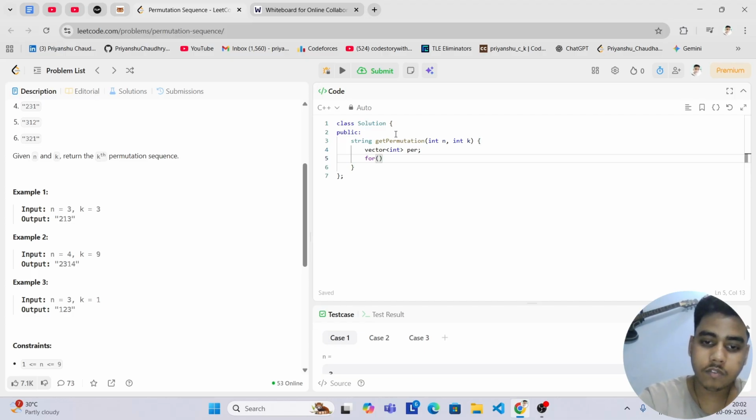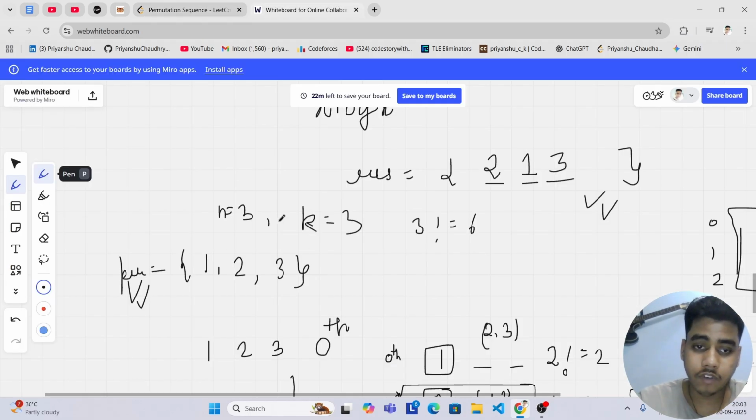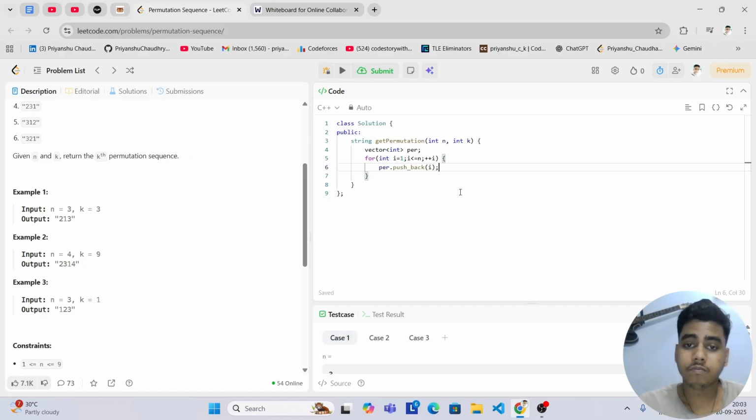Now for creating the permutation array, I will start from i is equal to 1, and this will be pushed back with i. Now my permutation array 1, 2, 3 is ready.